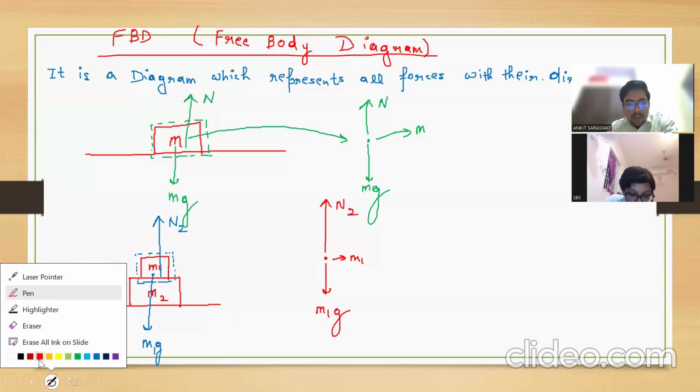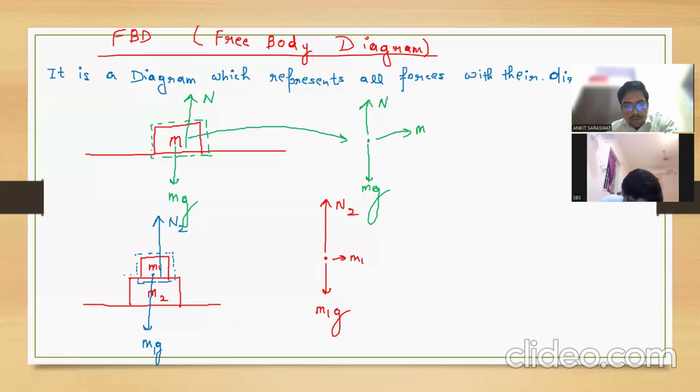Similarly, draw the free body diagram of M2. Take this as your system now. If this is your system, draw all the forces acting on this M2 due to others.